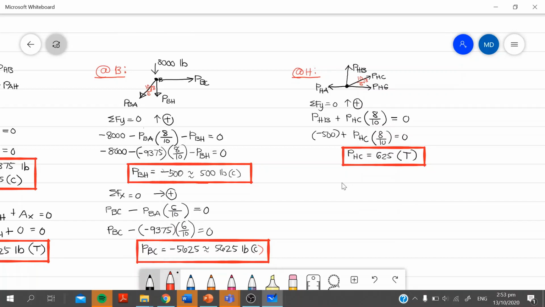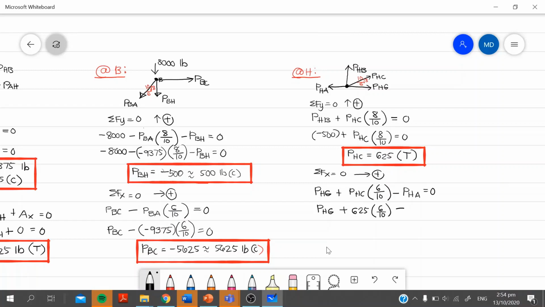Okay, next, let's do sum up forces horizontal na naman. Okay, let's look at the horizontal forces. Force HG plus force HC. Horizontal component is 6/10 minus force HA equal to 0. So, force HG plus ang force HC na-solve naman. So, 625 na siya times 6/10. And then, ang force HA na-solve na po na kanina.